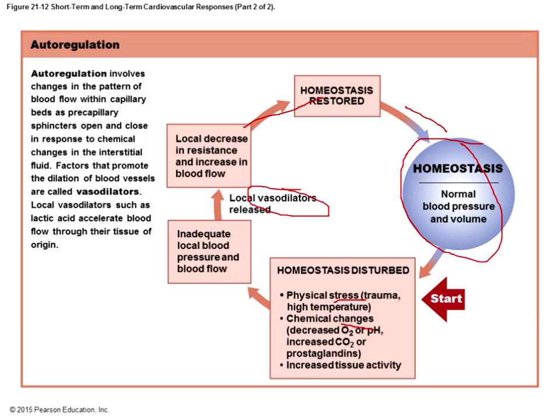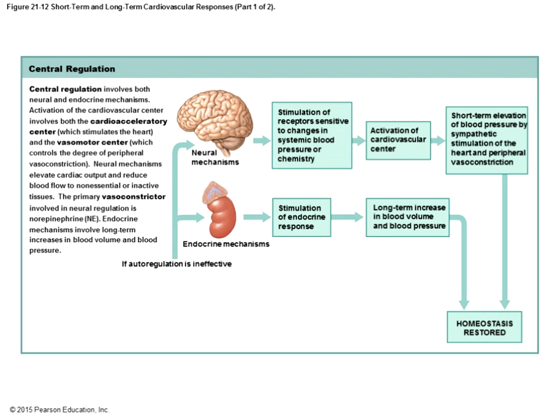So that's autoregulation, a process primarily through the dilation of blood vessels or vasodilators, right, in that specific location. Central regulation involves more neural mechanisms, right, where we have regulatory control over these, like the vasomotor center, for instance, and an endocrine mechanism that can regulate homeostasis, right?